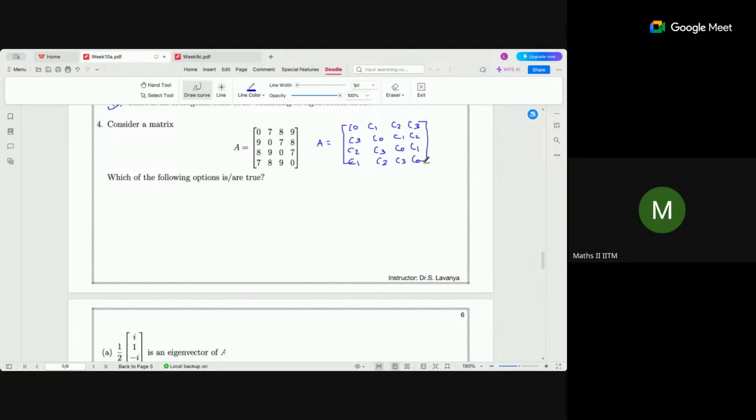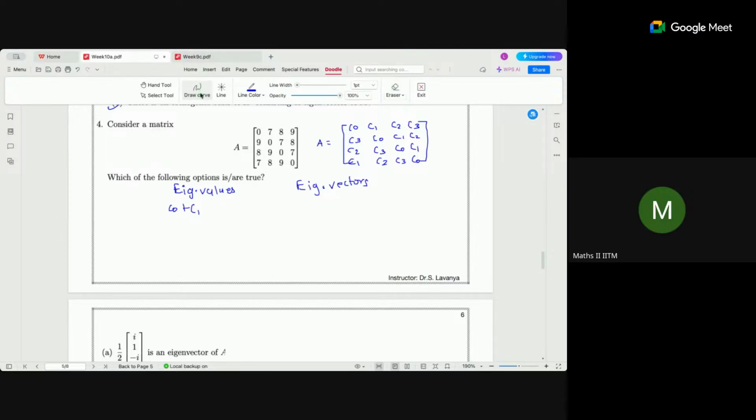Whenever you have a matrix like this, what are your eigenvalues, and what are the corresponding eigenvectors? When k is equal to 0, you have C0 plus C1 and so on.